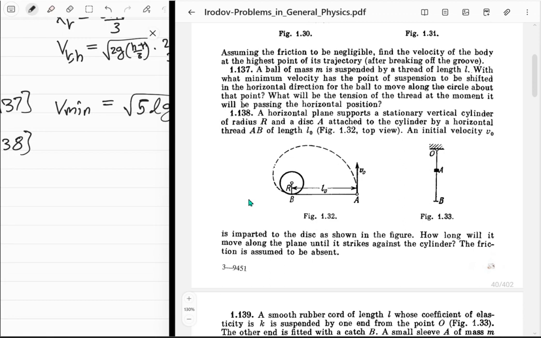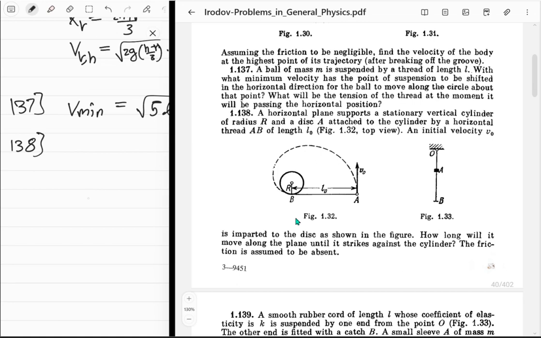I want to take that frame. So we'll take a frame that rotates as this thread rotates, with the same angle, centered around the center of the drum.